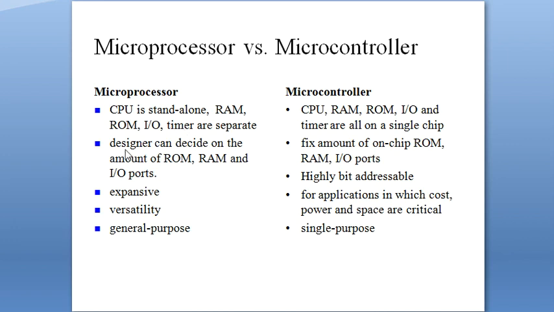With a microprocessor, the designer can decide what kind and how much RAM and ROM to have, whereas in a controller everything is predefined and available on chip. The microprocessor is somewhat expensive compared to the microcontroller, and the controller is highly bit addressable. The microprocessor is versatile and meant for general purpose, whereas the controller is meant for a single fixed application.